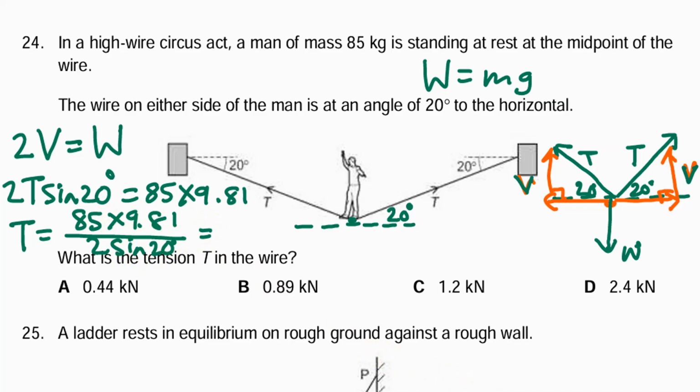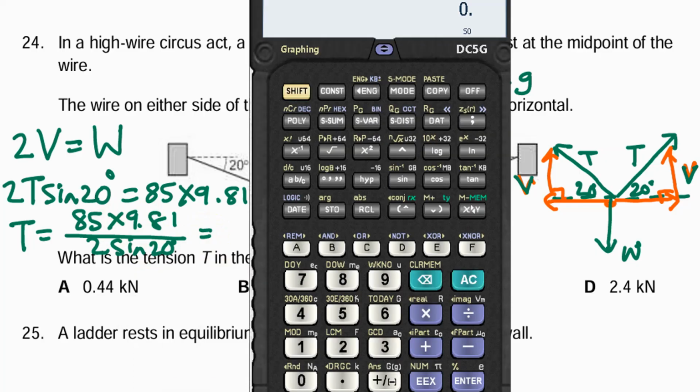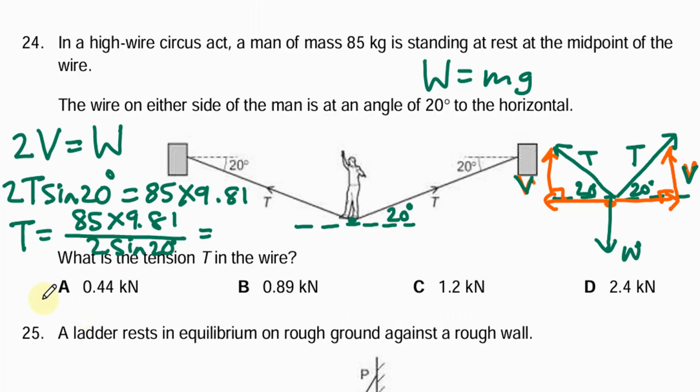This we can do on a calculator. So 85 times 9.81 divided by 2 and also by sine 20. And we get an answer of 1,219 newtons.